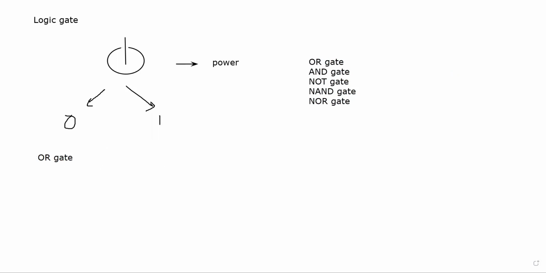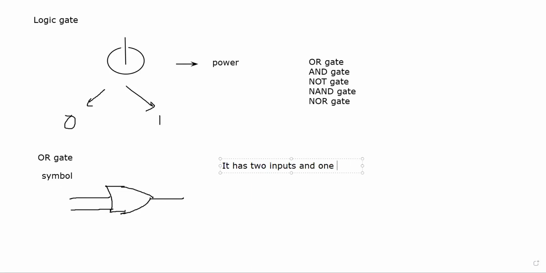The circuit symbol of OR gate, this is a circuit symbol. It has two inputs and one output.